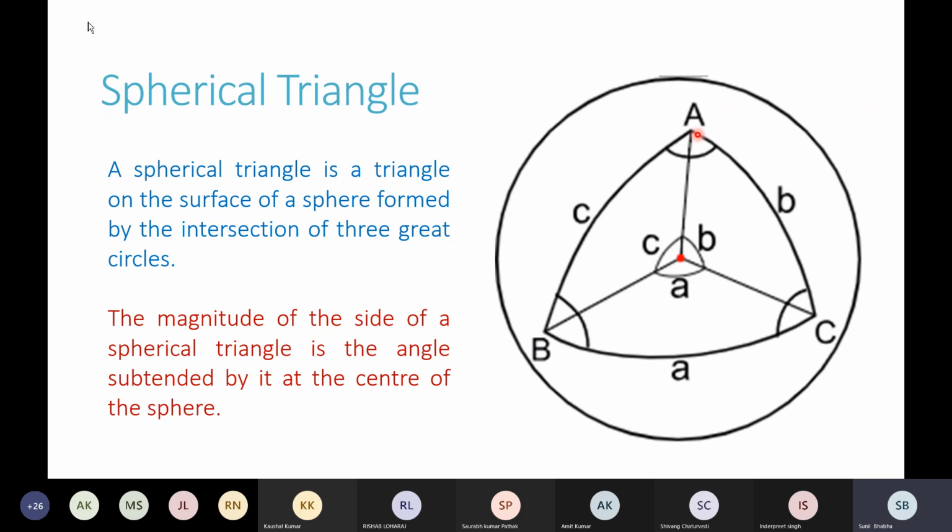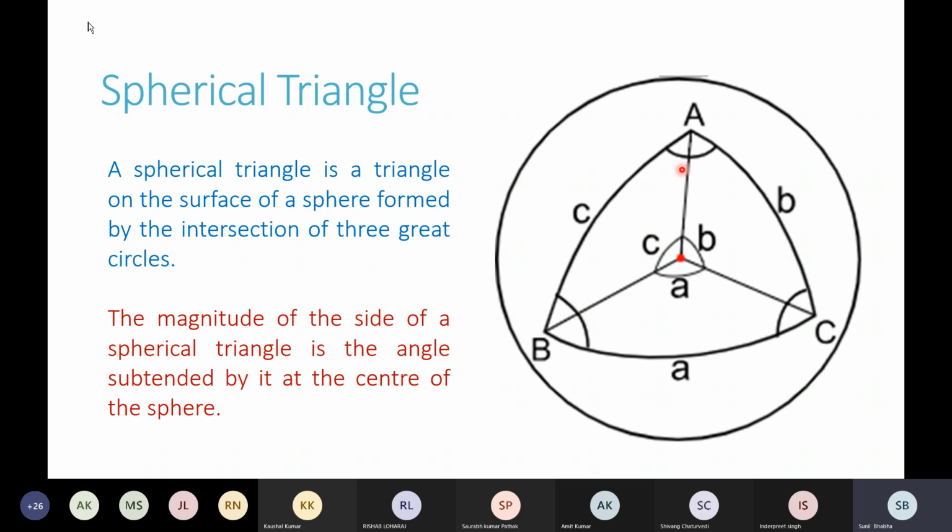Now a doubt can arise in your mind that it is understood that angles are measured in angular units. So we can measure angle A, B, and C in the angular units of degrees and minutes. But how do we measure the side of a spherical triangle in degrees and minutes? Now to understand that, for easy understanding, the magnitude of the side of a spherical triangle is basically the angle subtended by it at the center of the sphere.